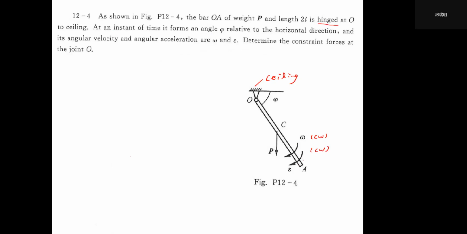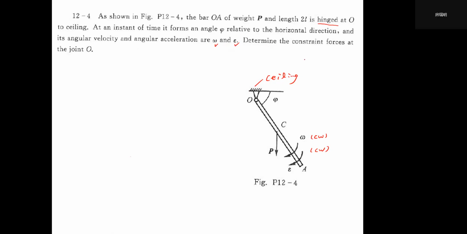angular acceleration. I have told you before, sometimes we use epsilon and sometimes alpha to denote the same thing, angular acceleration. So it tells us that at some instant of time, it forms an angle relative to the horizontal direction, and its angular velocity omega is known and angular acceleration epsilon is known.